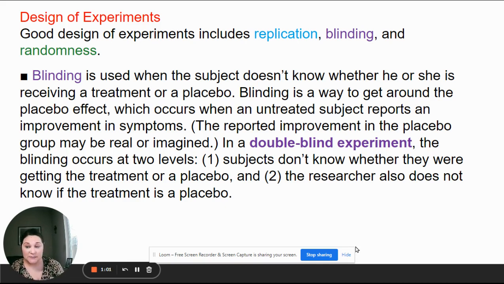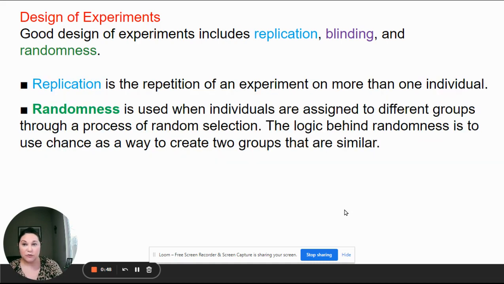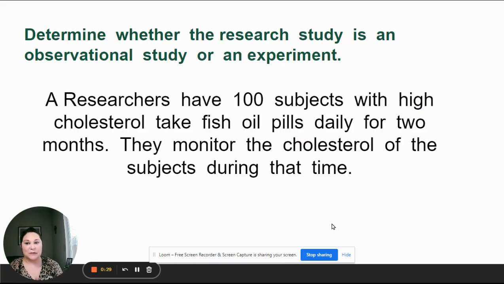And a double-blind experiment would be if the person who's applying the treatment also doesn't know whether they have a placebo or are actually in the experiment group. Replication means you can't make any broad statements if you only apply it to one person, so you try to replicate an experiment more than once. And then randomness is when you don't decide which group gets the treatment or doesn't get the treatment.